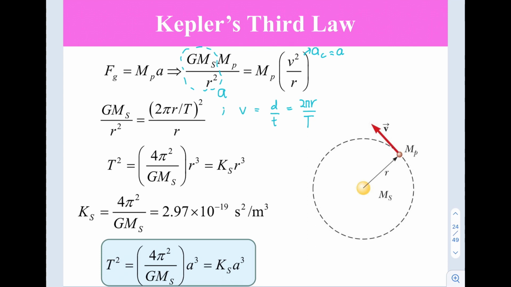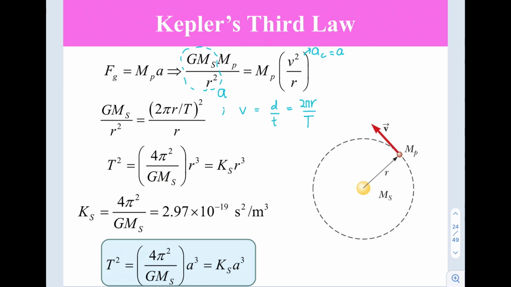Now this V is squared, so everything here must be squared over R. Then rearrange this equation, making T our unknown of interest. So T squared is equivalent to 4 pi squared over G ms times R cubed.